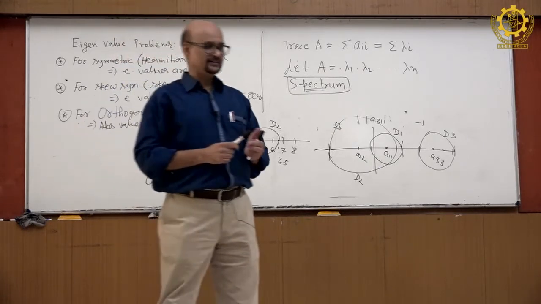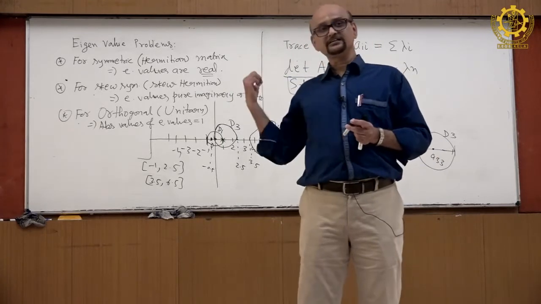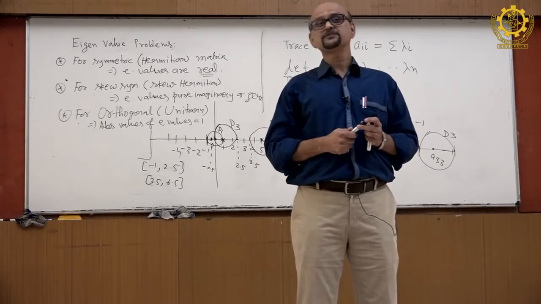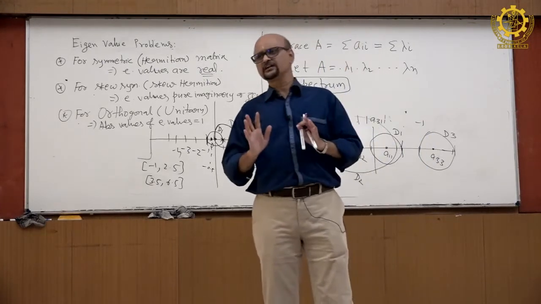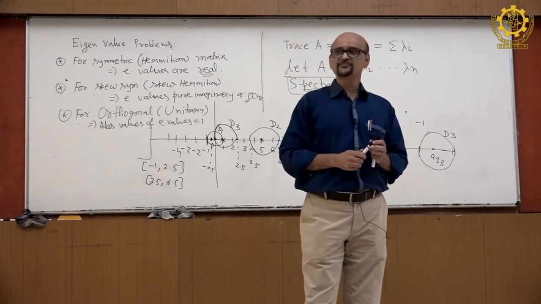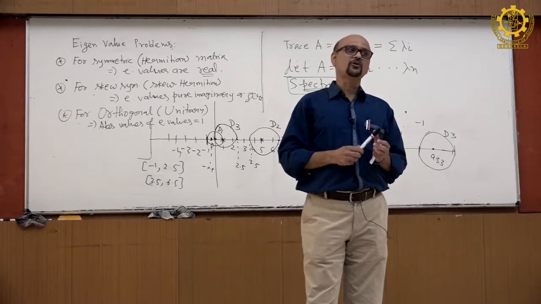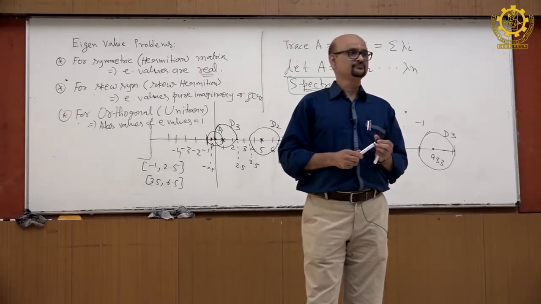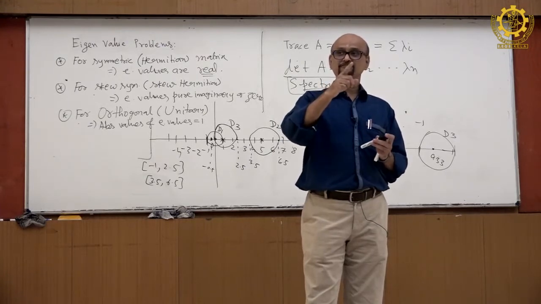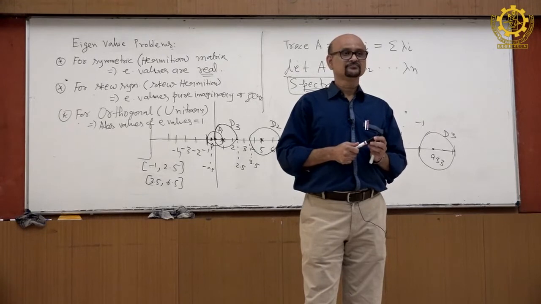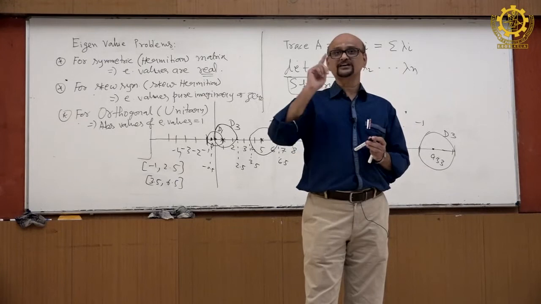Suppose I take the same practical application that I was taking, that spring mass system, or a very generalized form of a building. If I have a 50-story building, do I need all the 50 eigenvalues there, and what were those eigenvalues representing? Frequencies are those eigenvalues.